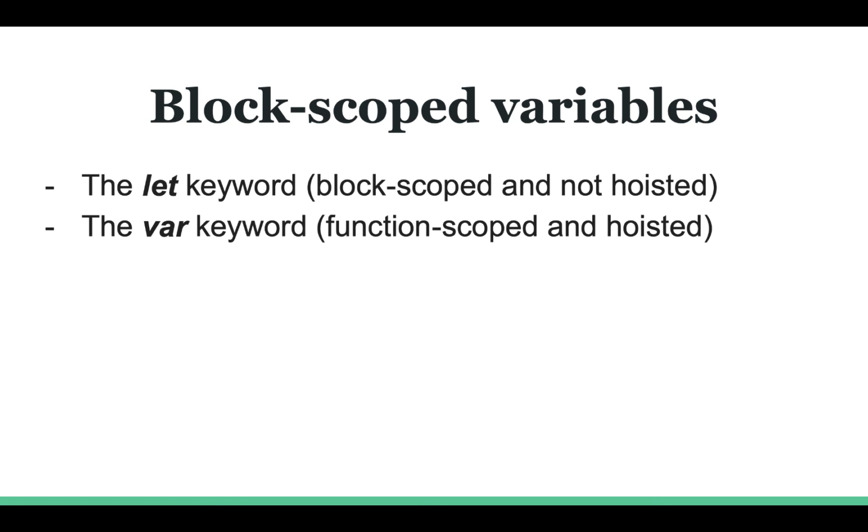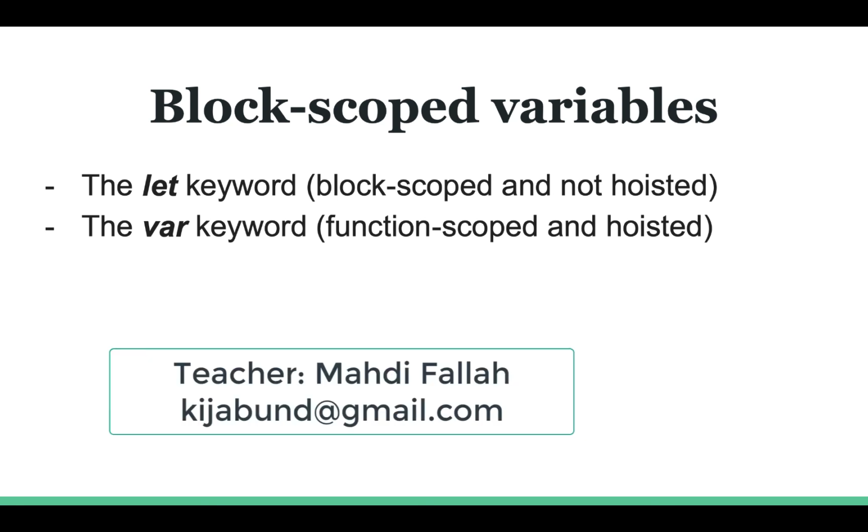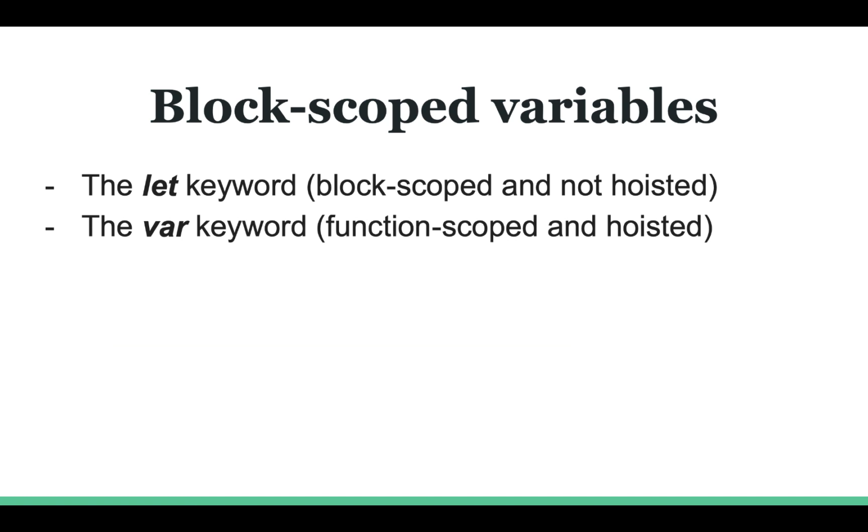The first new feature in ES6 I want to talk about is block-scoped variables. Before ES6, the only way to declare a variable was the var keyword, but now we have let as well. Let's see what the differences between them are.